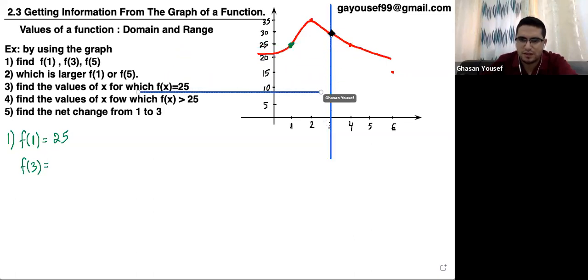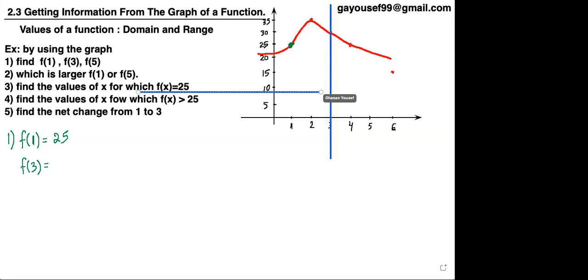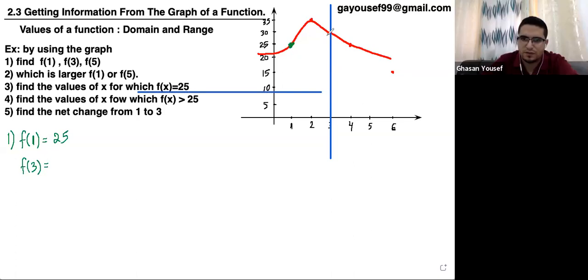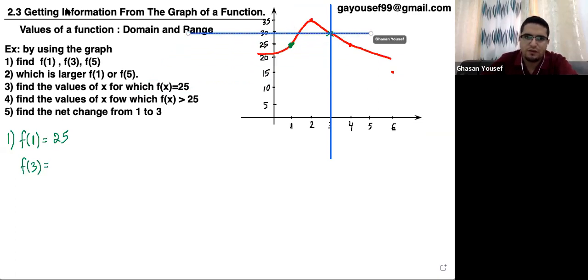The curve and the line intersect at this point, which has a y value of about 30. So f of 3 is 30.